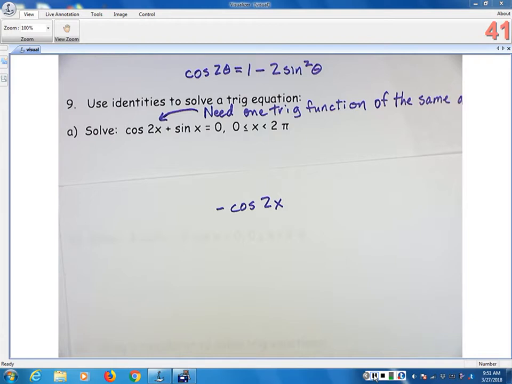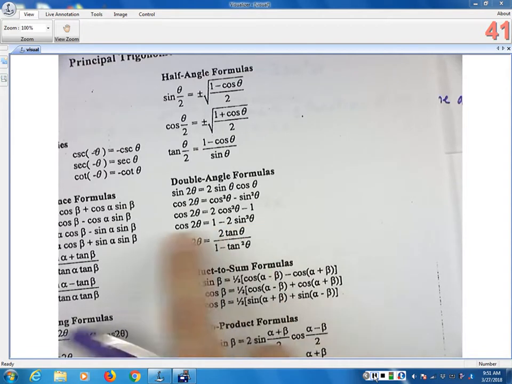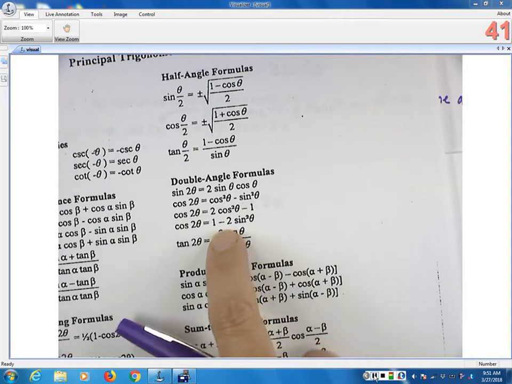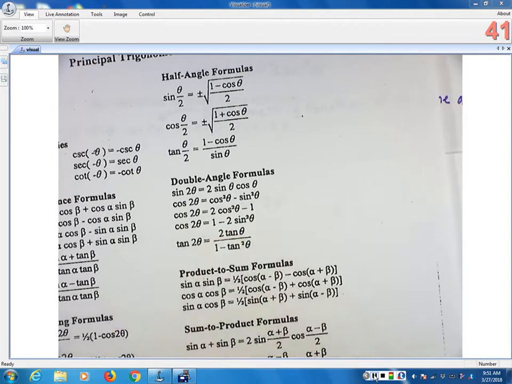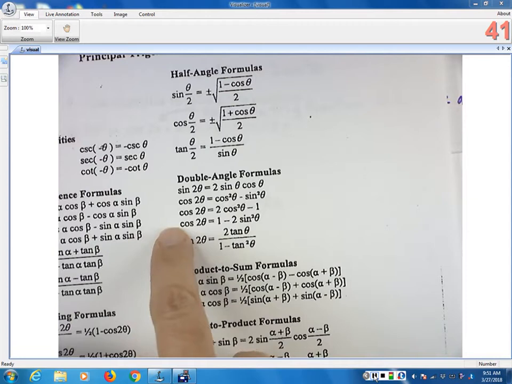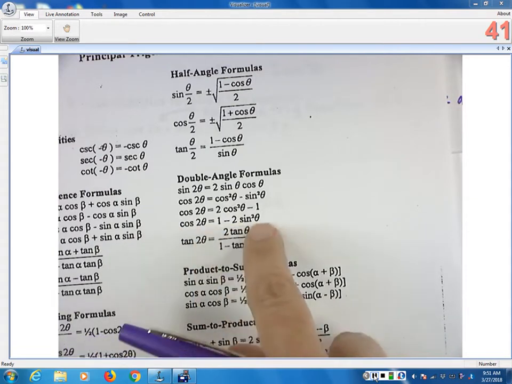Well, cosine of 2 theta equals 1 minus 2 sine squared theta. So if you multiply through by a negative 1, you can switch these. That's all they're doing. If it's negative out here, it'd be negative 1 plus 2 sine squared theta, and then they switched them.